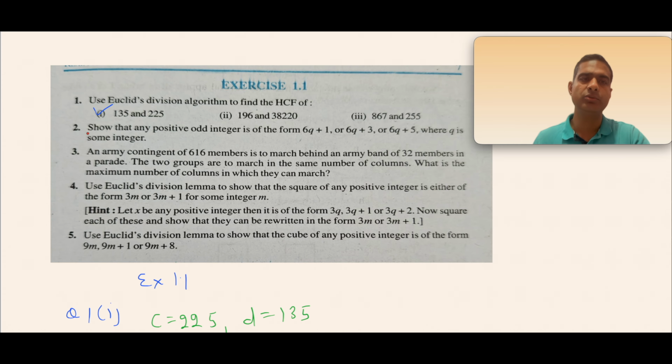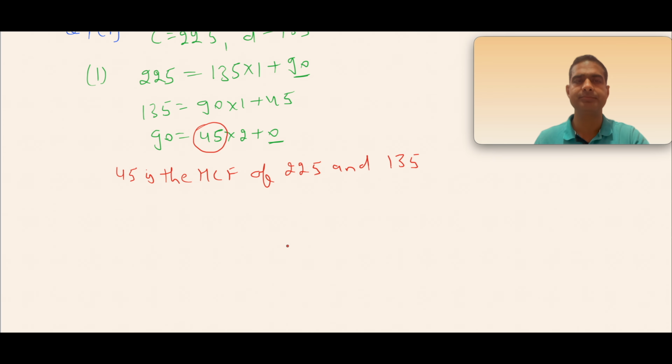Question number 2 is to show that any positive odd integer is of the form 6q plus 1, or 6q plus 3, or 6q plus 5, where q is some integer. So we have to show that any positive odd integer can be only of the form 6q plus 1, 6q plus 3 or 6q plus 5, where q is some integer. So this is question number 2. Let us try to solve it.